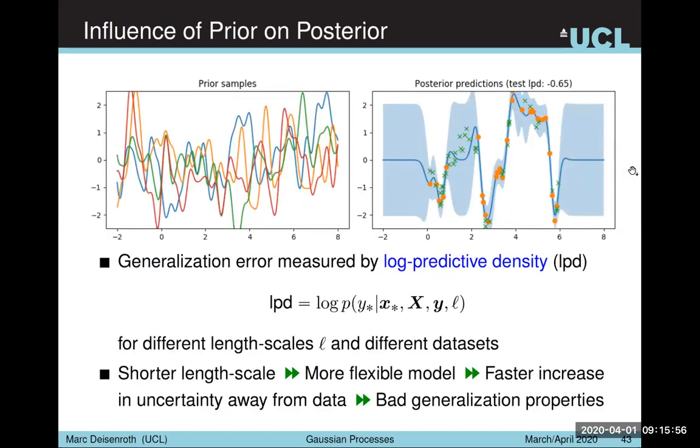So if we do that, then we get a model that looks like this. It's not really great, but the data set is modeled significantly better, and the log predictive density also indicates that. If we had to choose between these three different length scales, then we would choose this short length scale for describing this kind of data set.